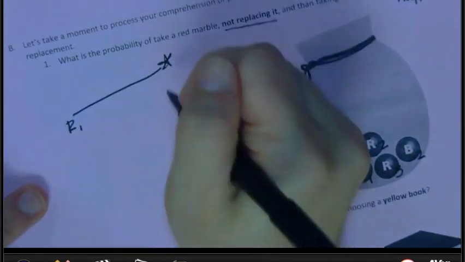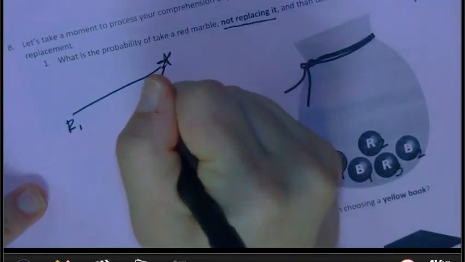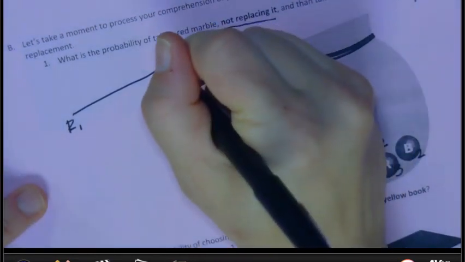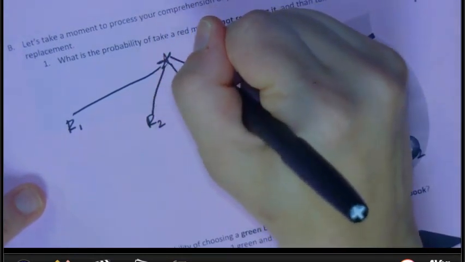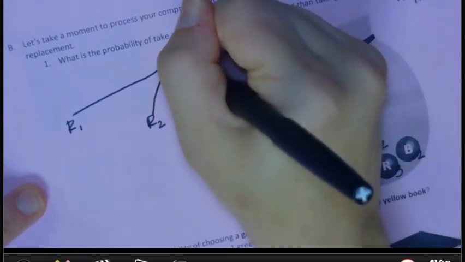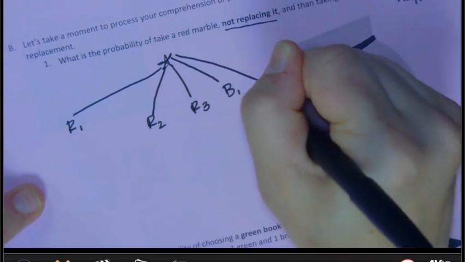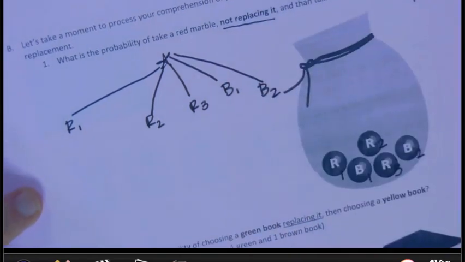So I could draw R1 the first time. I could draw R2 the first time. I could draw an R3 the first time. I could draw a blue 1, or I could draw a blue 2 the first time.